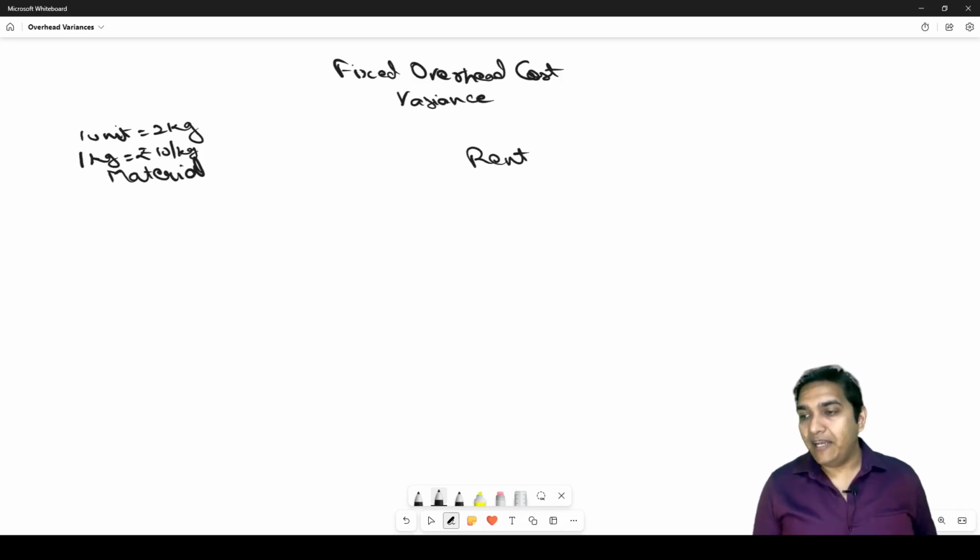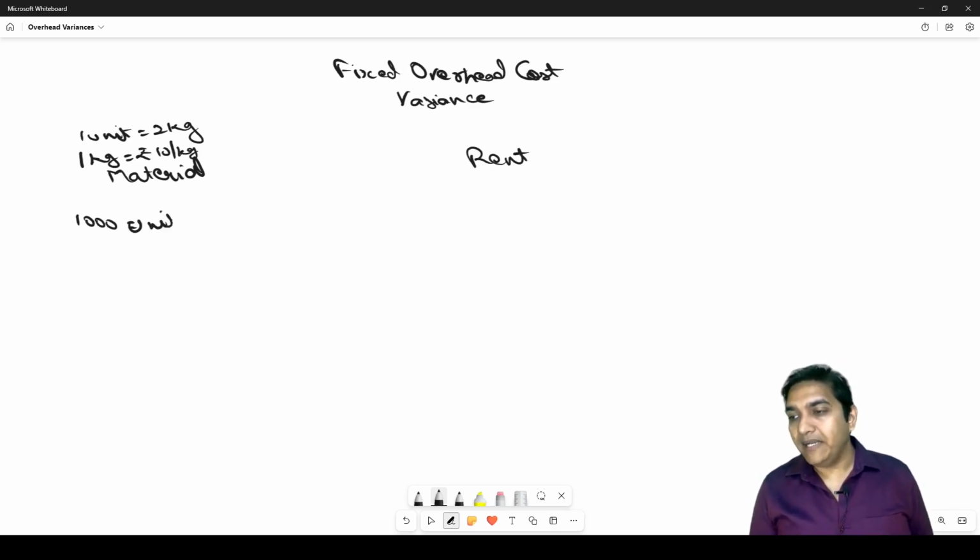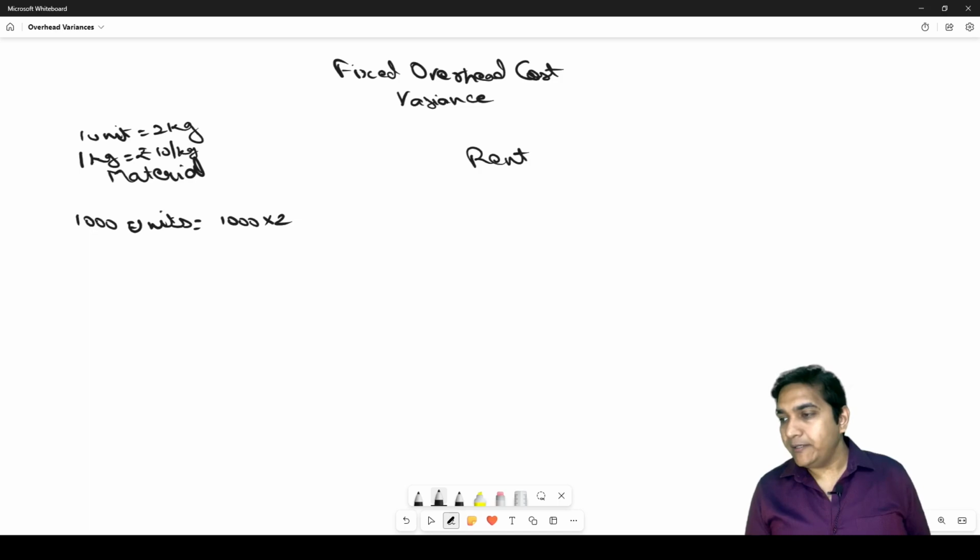So if I am manufacturing 1000 units, my material cost will be 1000 units into 2 kg per unit into 10 rupees per kg, which comes to 2 lakhs.